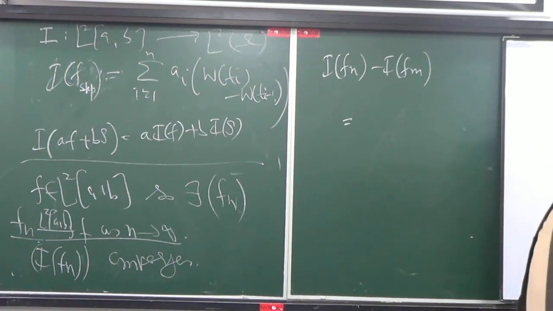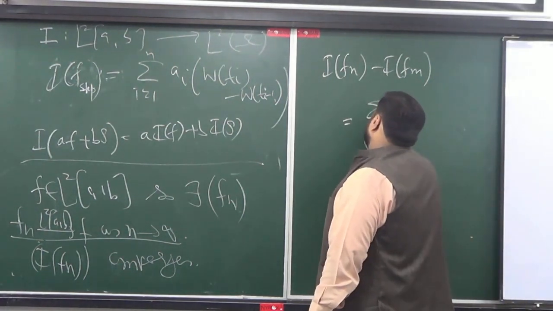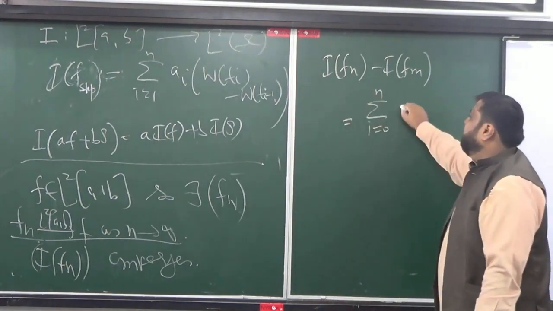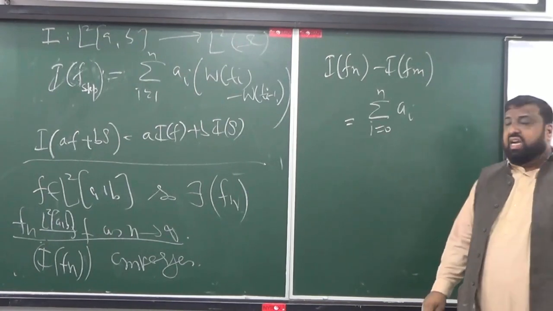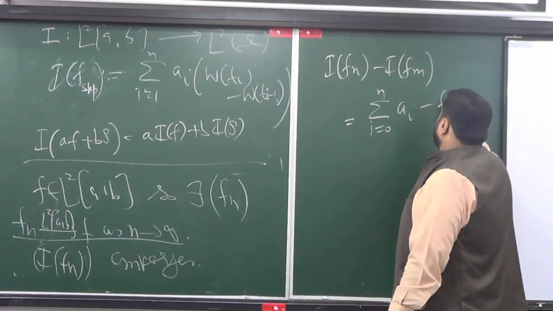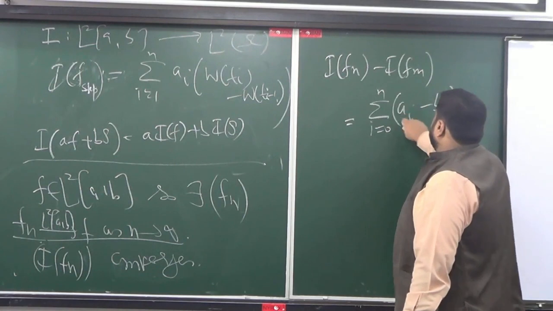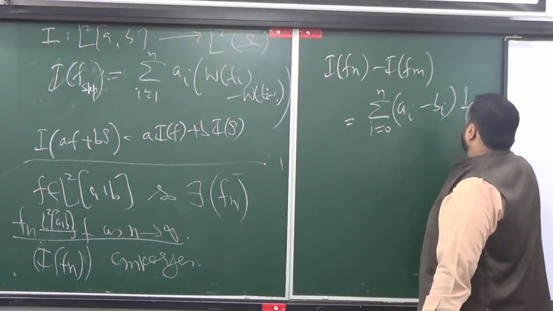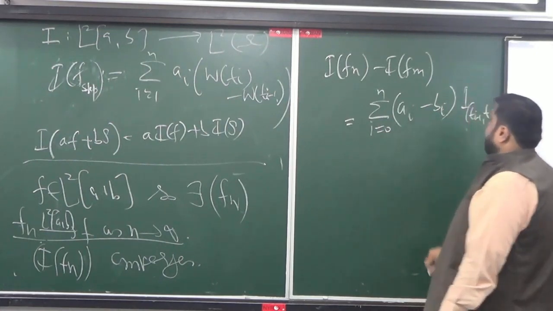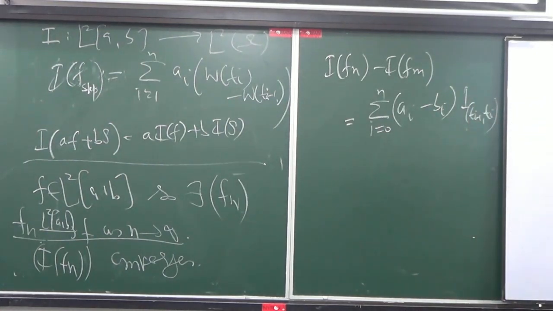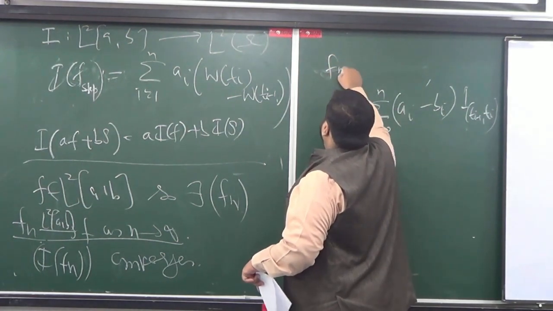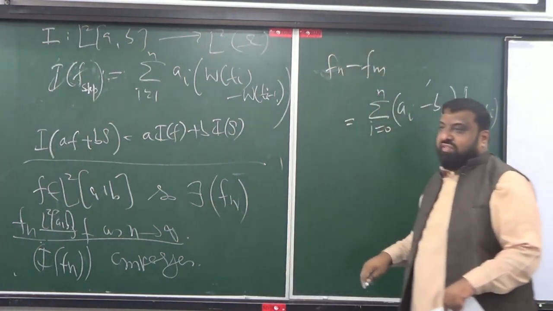the sum, say i equal to 0 to n. f_n is basically given by a_i's, and f_m is defined through some b_i's and indicator functions of intervals.